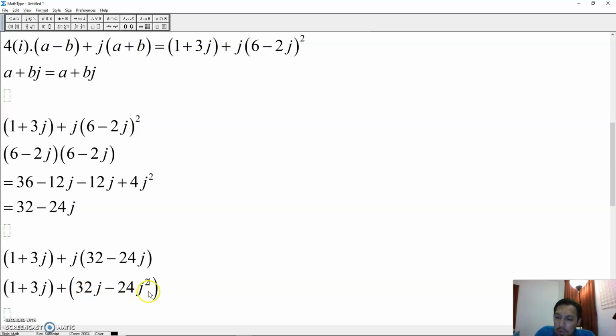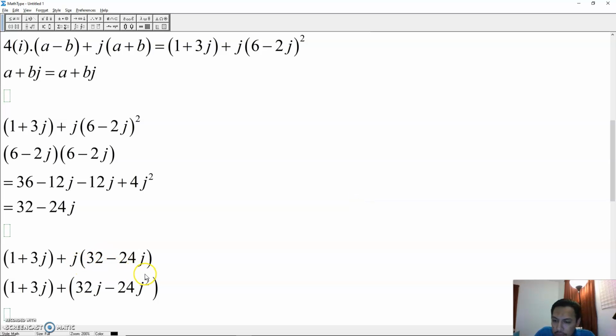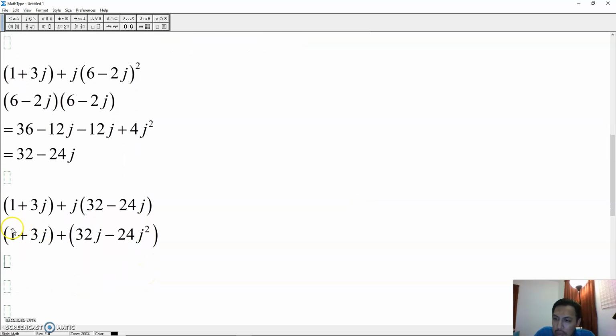Let's write it down again. If we rearrange it, this will become 24 plus 32j.